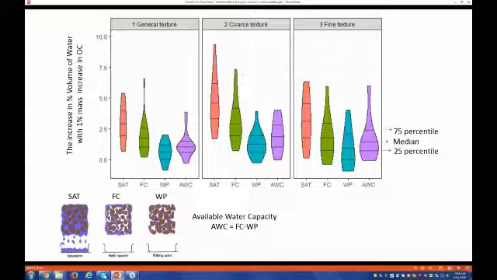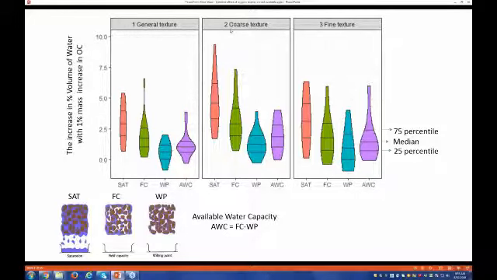And at field capacity, that's about 1.5 to 2. And at wilting point, it's quite small, less than 1% increase in volume. So overall, the increase is relatively small. It's just around 1% increase in volume with 1% increase in organic carbon. This is in general texture, that means all textures from sand to clay.